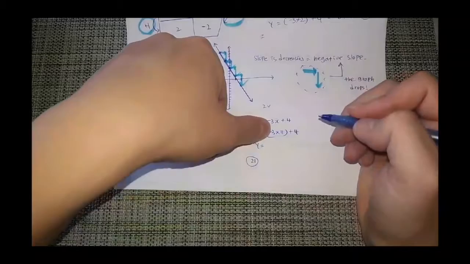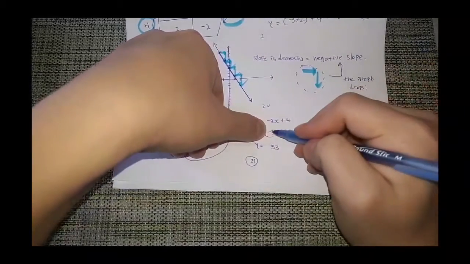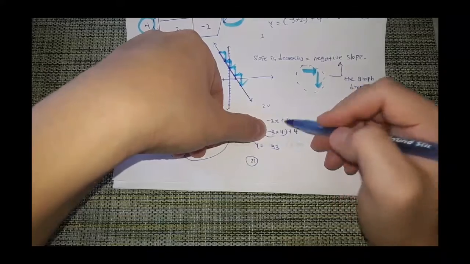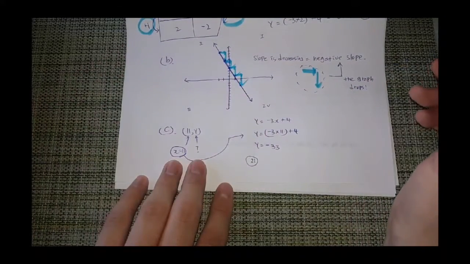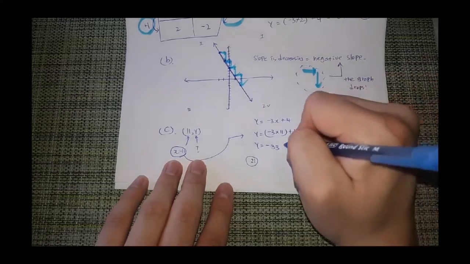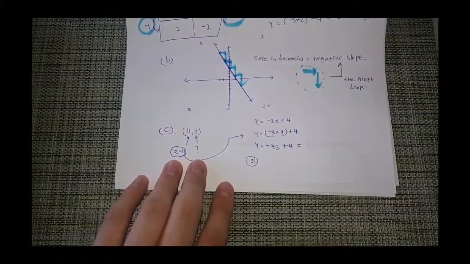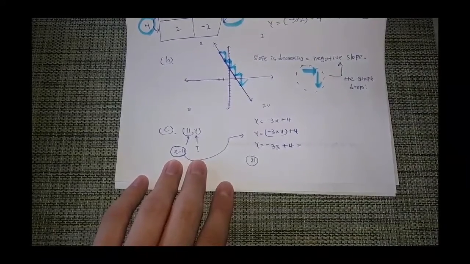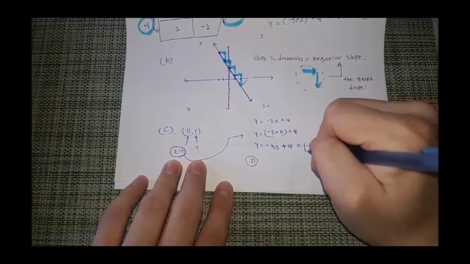3 times 11 is 33, right? Let's look at the sign. A negative number multiplied by a positive number gives you a negative number. That's the lesson that we did in the multiplication of integers, right? And plus 4. Then what's the value that you have? Well, negative 33 plus 4 gives you negative 29.